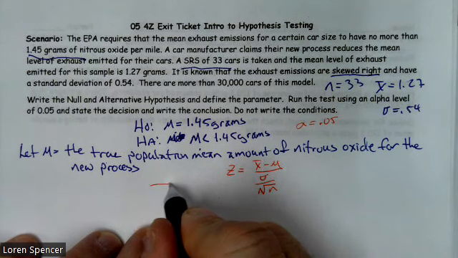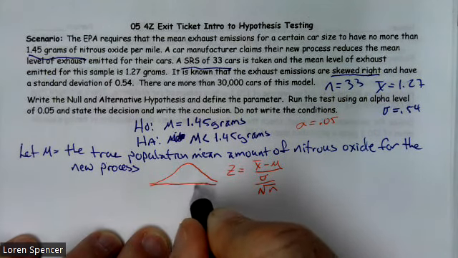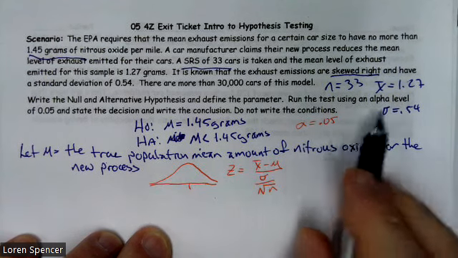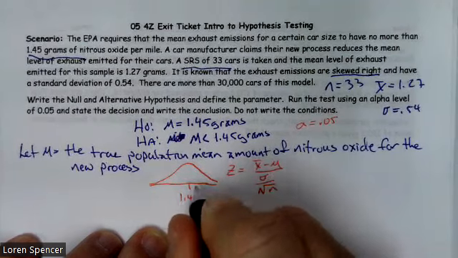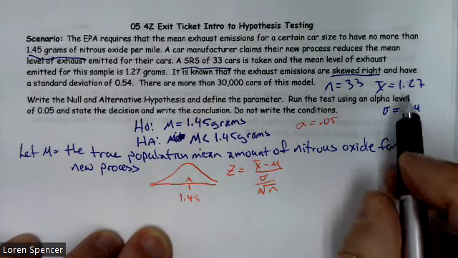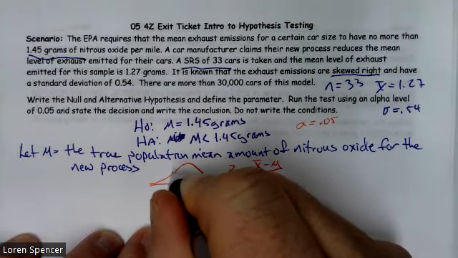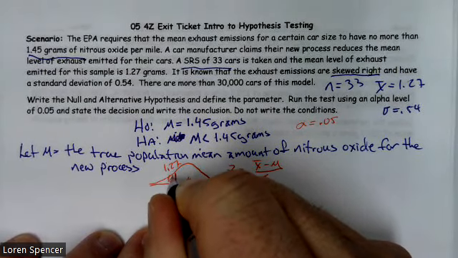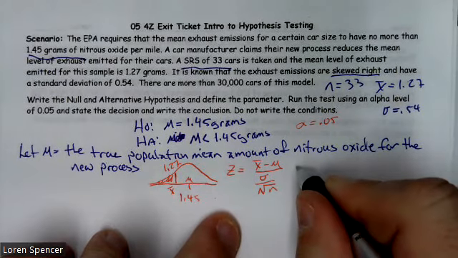We know our picture is going to be 1.45 is the population mean, but we got a sample mean of 1.27. This is x bar, this is 1.27. We're shading this way.